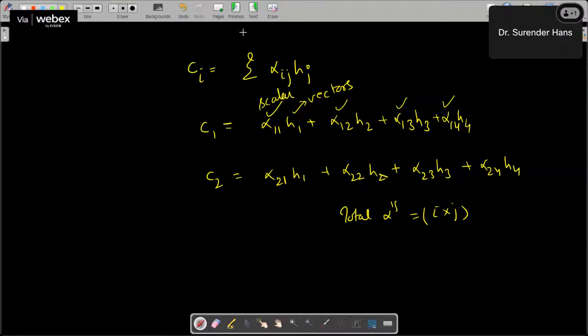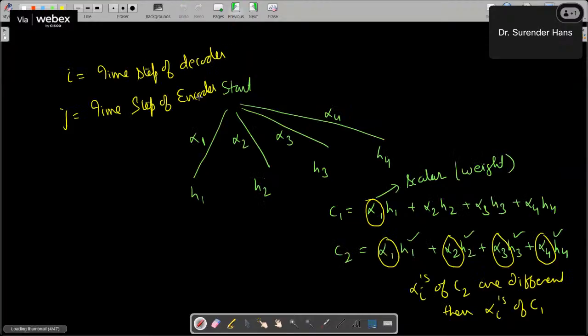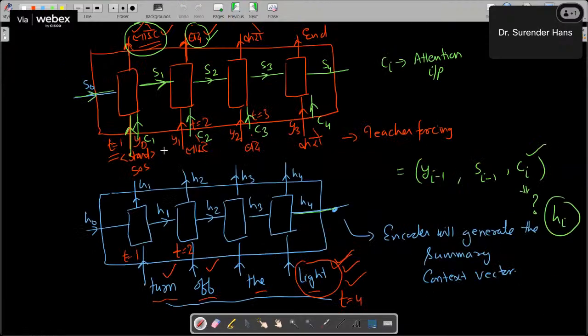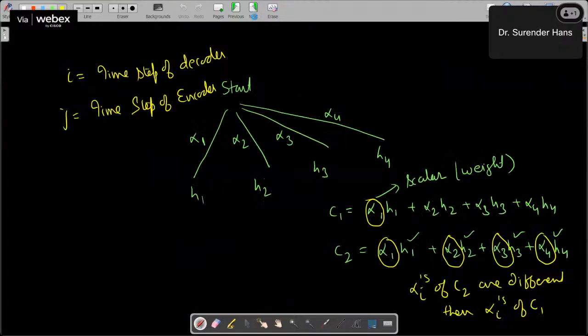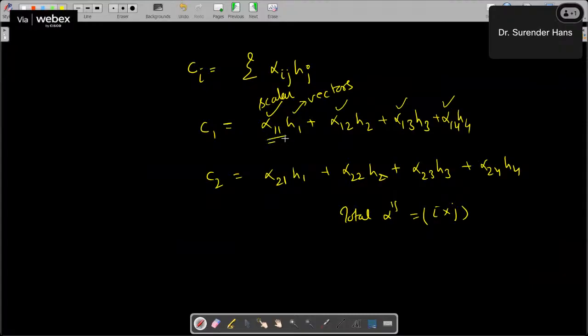Now Ci is the extra input: C1, C2, C3, C4. The point is, first let us understand the meaning of alpha 11, alpha 12, alpha 21, alpha 22, alpha 23, and so on.